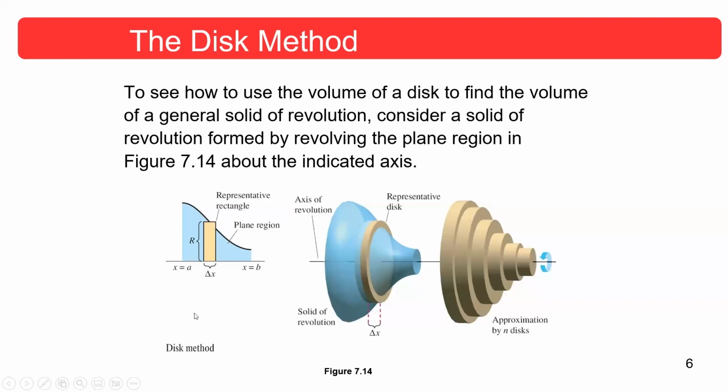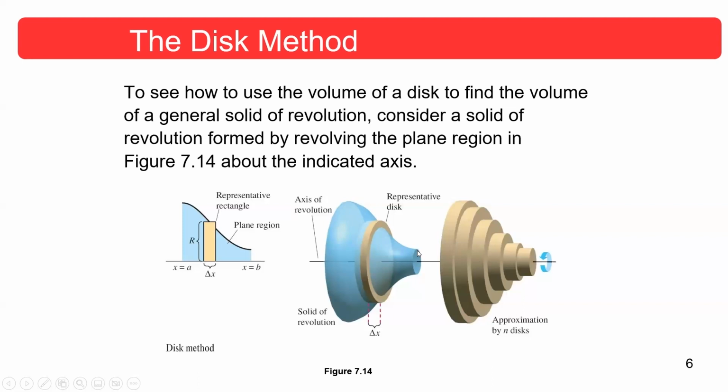As you make delta x very small, it becomes a dx. So, if you revolve everything about the axis of revolution, you will form this. However, since we are trying to approximate, we use several solid figures like the yellow one, and you will form this. You know that this is not an exact representation of the blue thing, because we are approximating. However, as delta x becomes smaller and smaller, as delta x approaches 0, it gives us the integral.